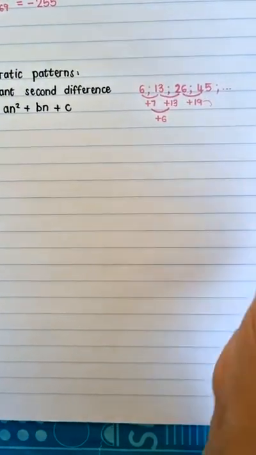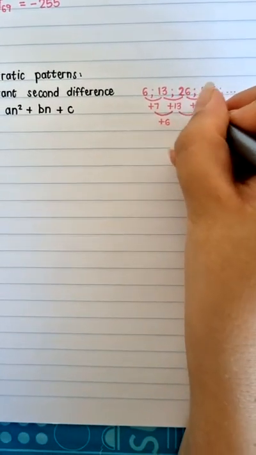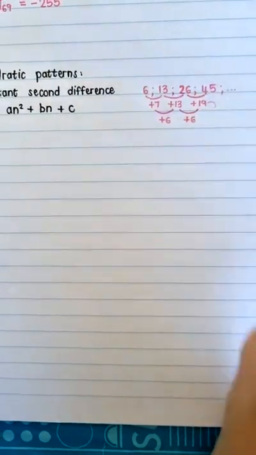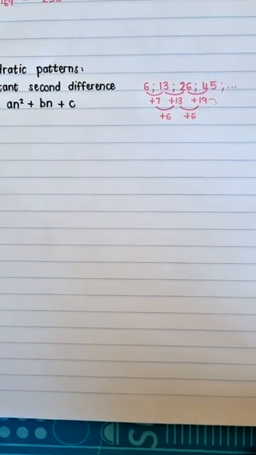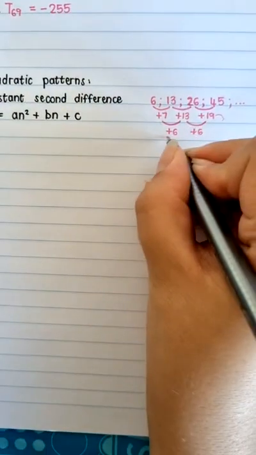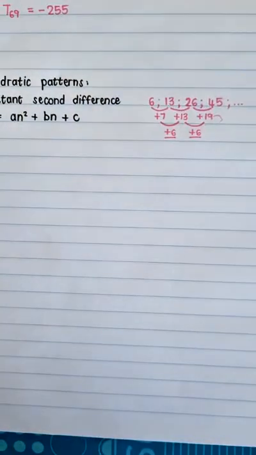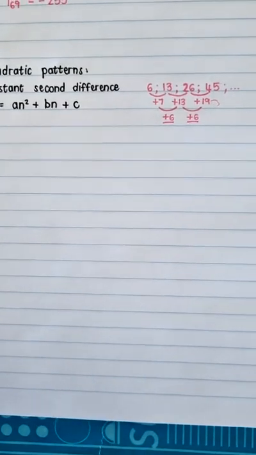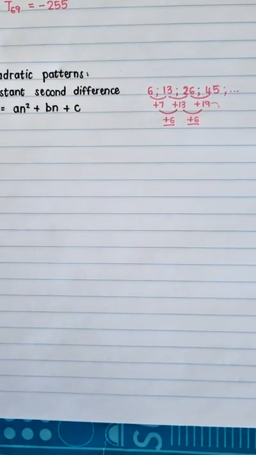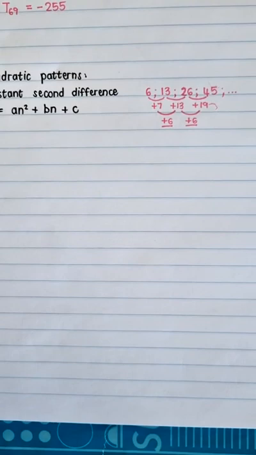So from 13 to 19, again, I'm adding 6. Now we notice, these numbers are the same. I have a constant second difference. All right, so that is quite important.